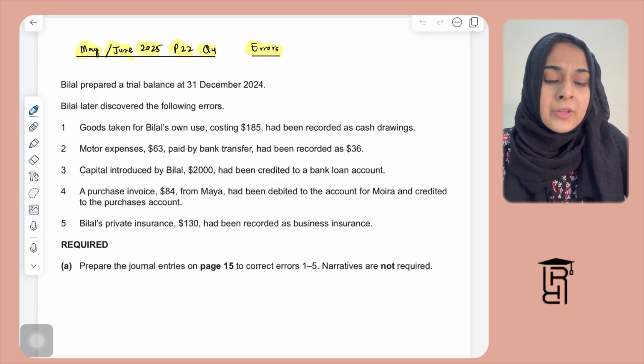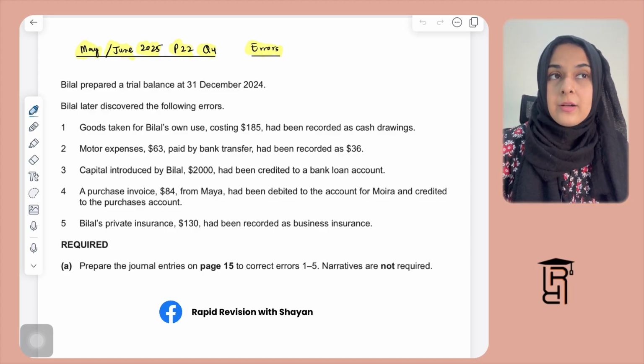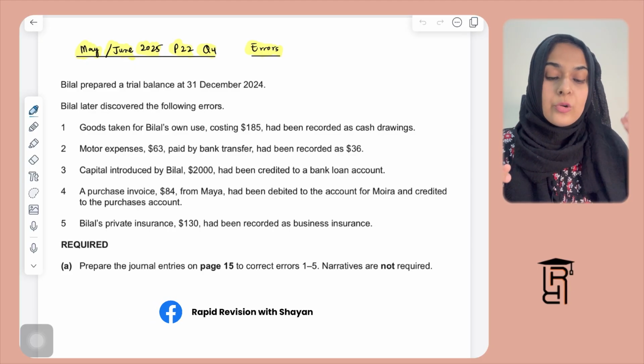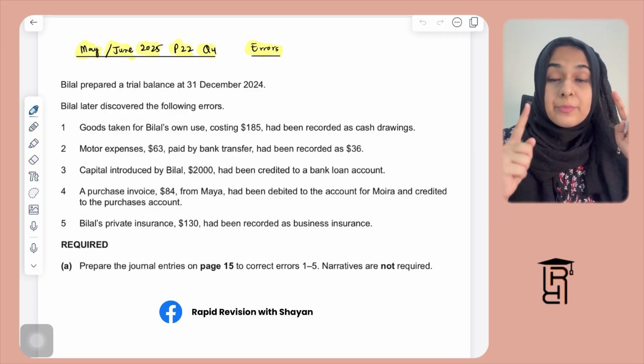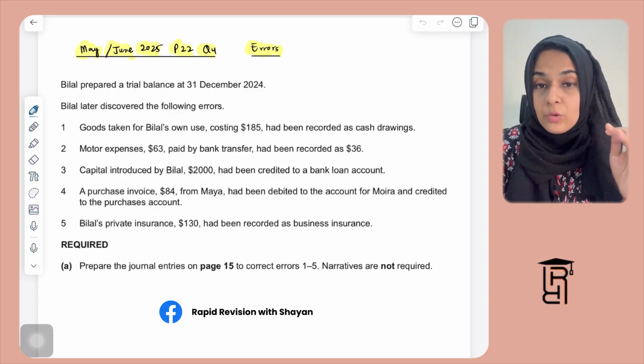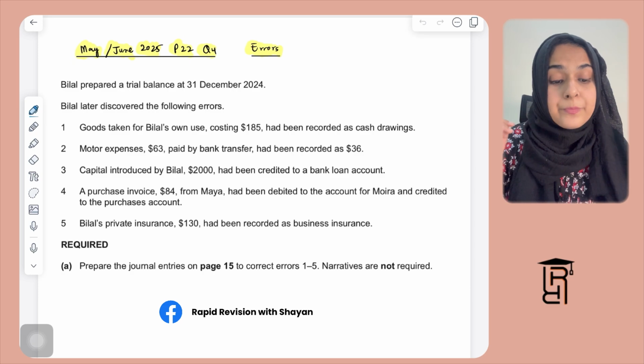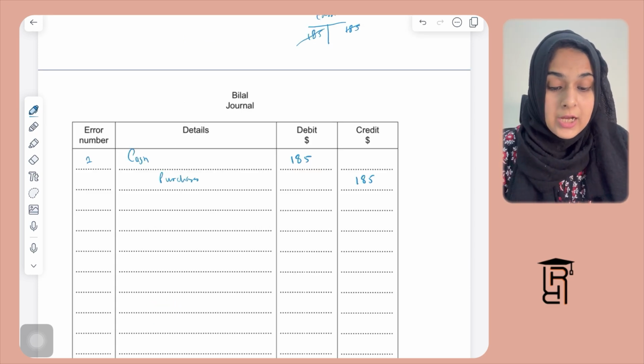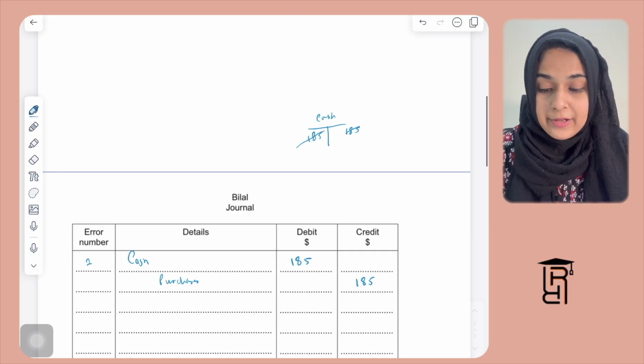Whenever we buy goods, the purchases account is debited. Similarly, whenever the owner takes out goods for his personal use, the purchases account needs to be credited, because those goods are not part of my purchases anymore, since the owner has taken them out for his personal use. So this will be the correction of error number 1.